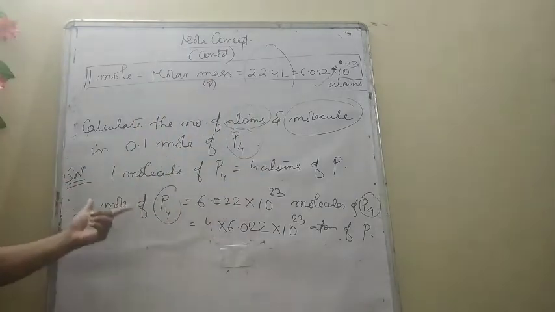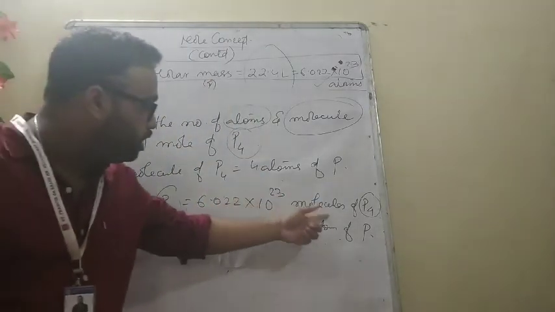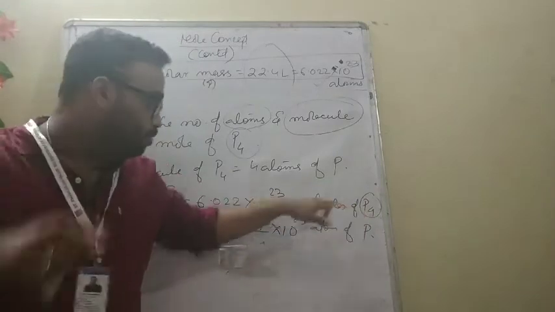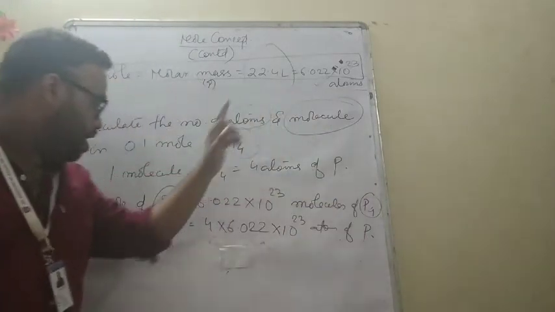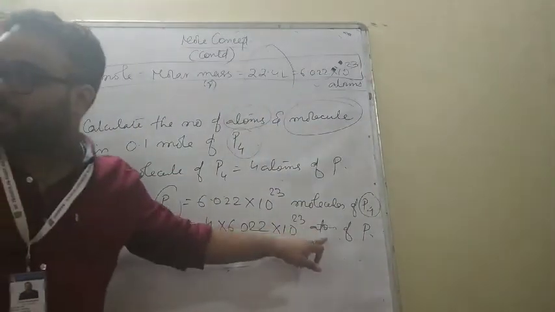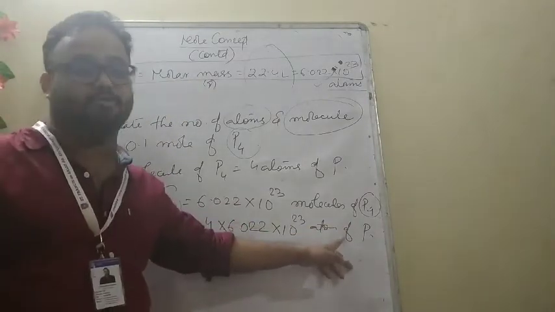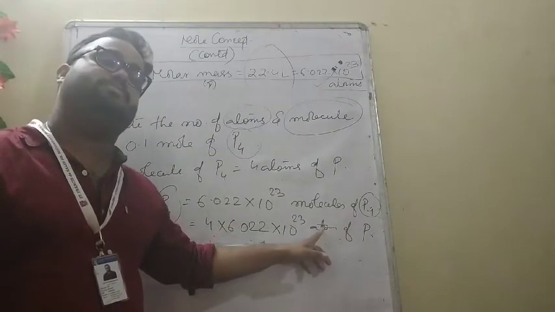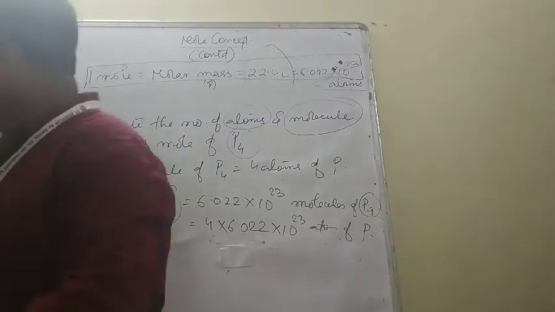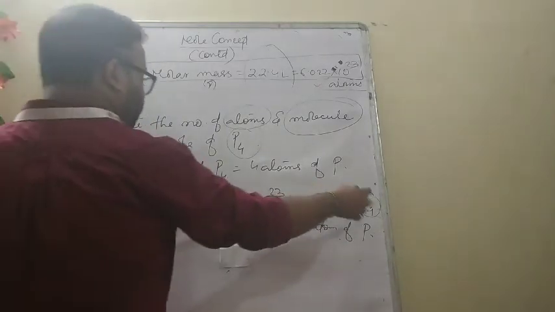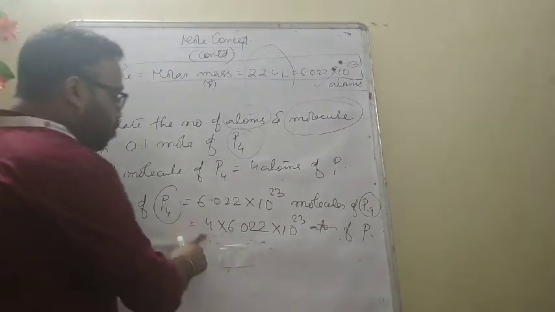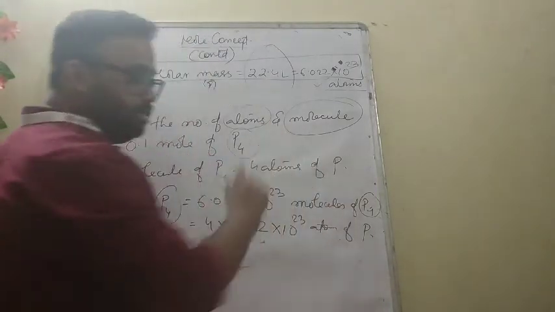So 1 mole of P4 means this much molecules of P4. अगर molecule बोलता है तो P4. 4 into this much atoms of P. अगर atom बोलता है तो 4 multiply करना पड़ेगा. You have to multiply 4 if you are talking about atom. So 1 mole has this much molecules of P4, which equal to 4 into this much atoms of P.